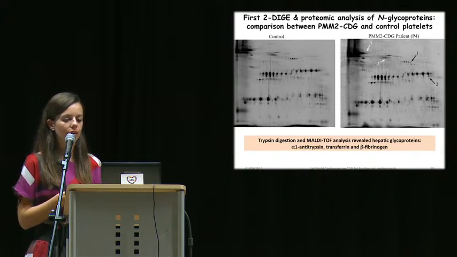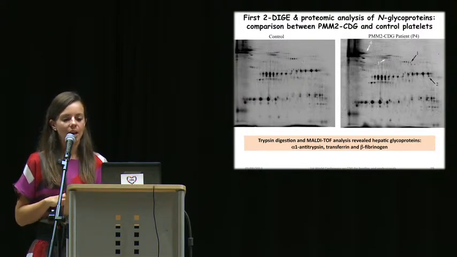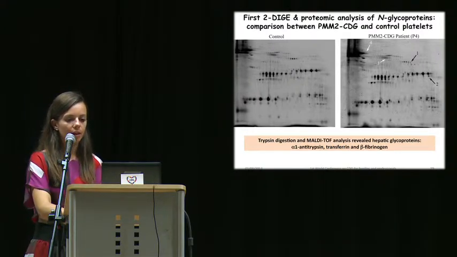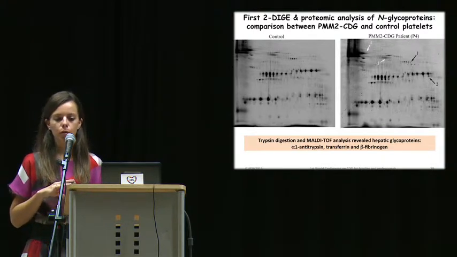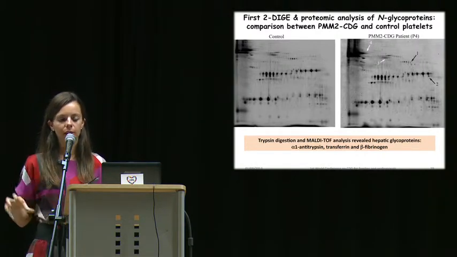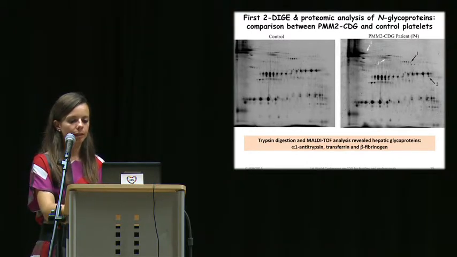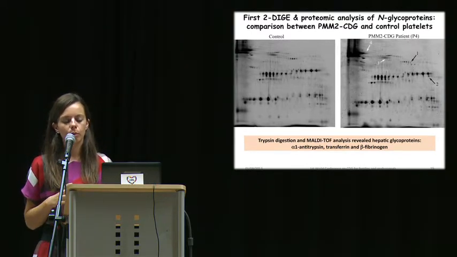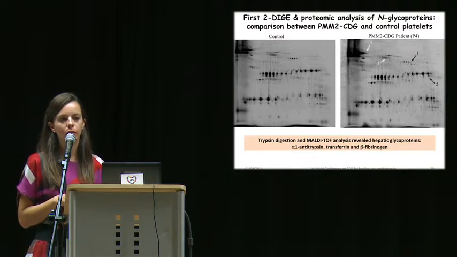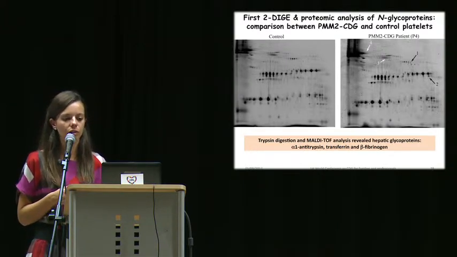I did it in Belgium in collaboration with Professor Jaeken. This methodology compares all the N-glycoproteins of the platelets, comparing this pattern between a pool of controls and a pool of patients. And again, we saw that there are no N-glycoproteins from the platelets affected. The only N-glycoproteins that were affected with glycosylation defects were from hepatic origin.